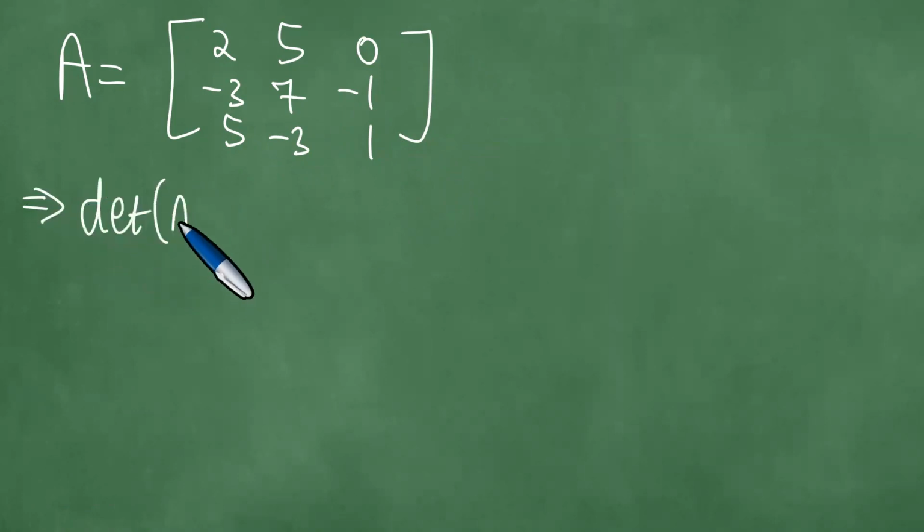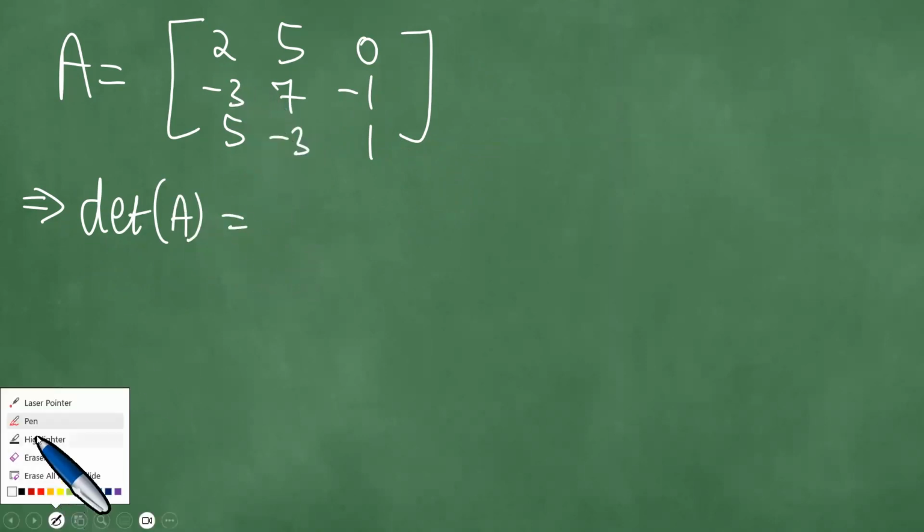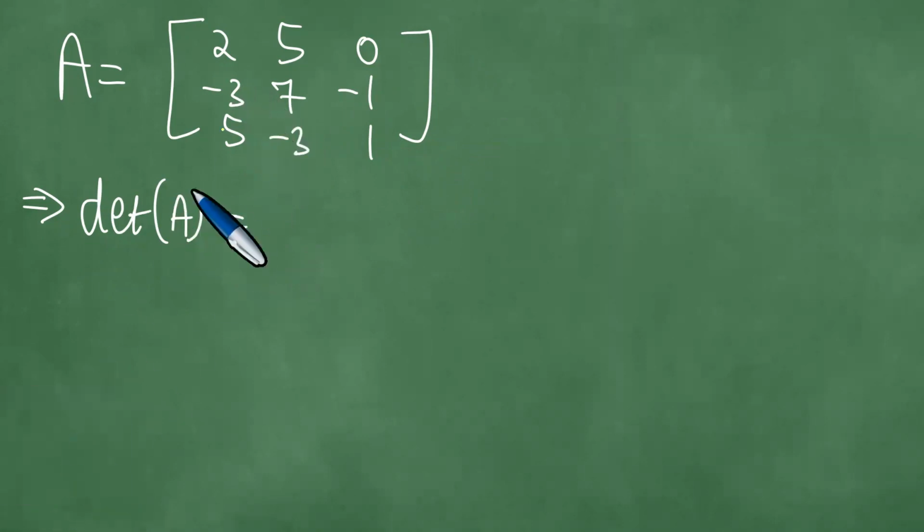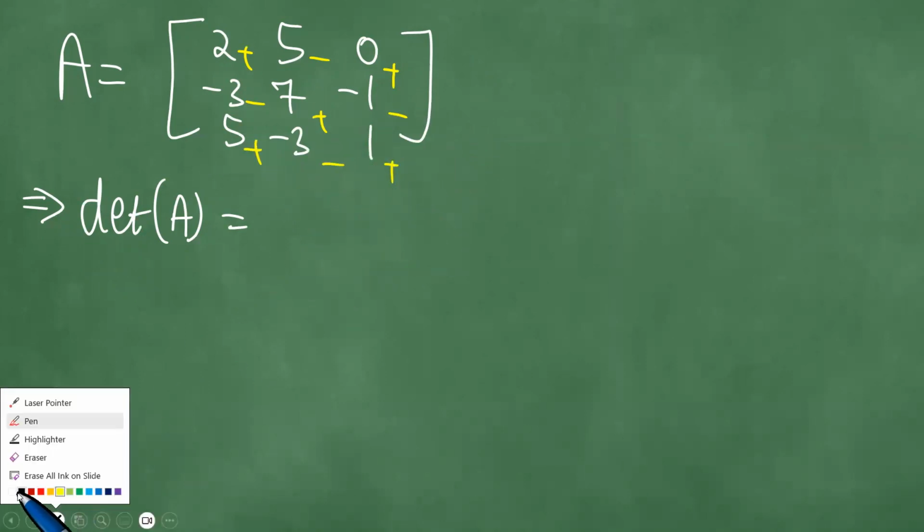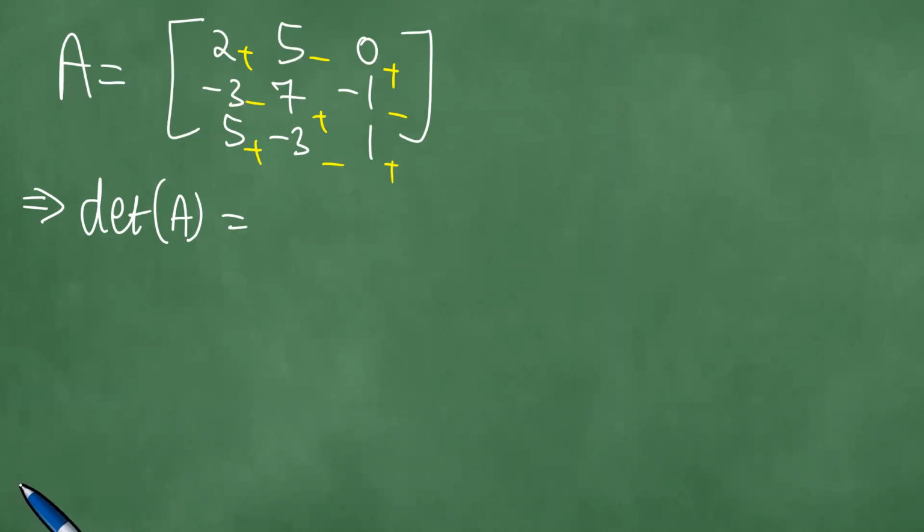The determinant of the matrix A. So you use cofactor expansion. Plus, minus, plus, minus, plus, minus, plus, minus, plus. Okay, so what is the answer?